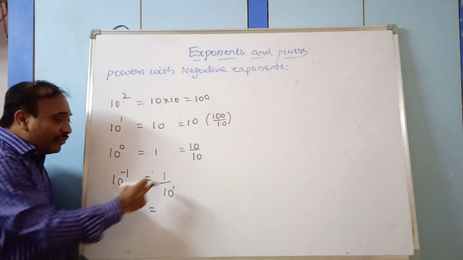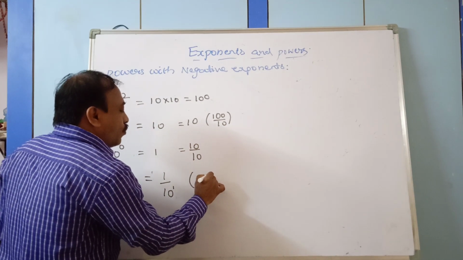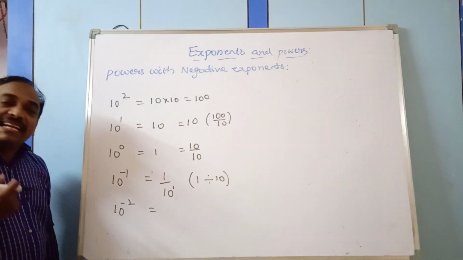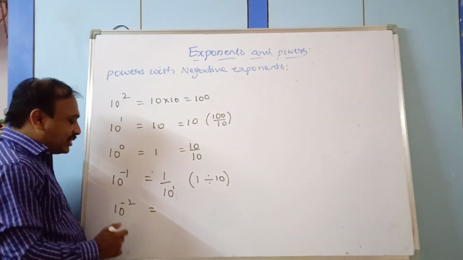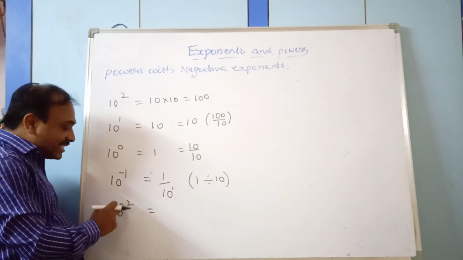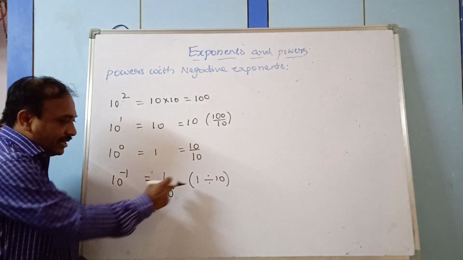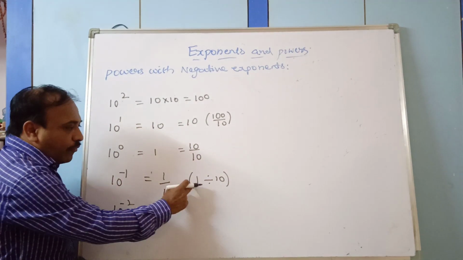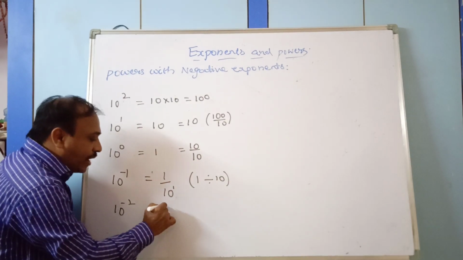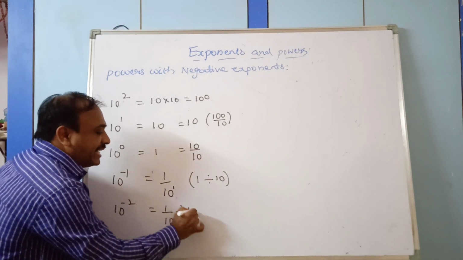Now the value, how are we getting this one? 1 by 10th. Here I am dividing 1 by 10. How do you write 1 divided by 10? 1 by 10th. Next, 10 power minus 2. To get this 10 power minus 2, you see here 1 by 10, and this should be divided by 10.